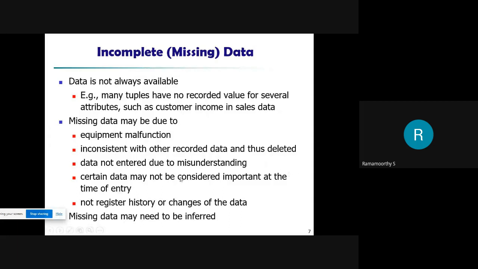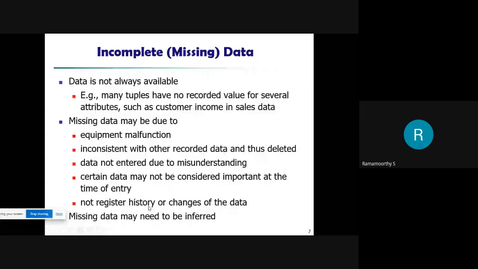So these are some of the possible cases for the missing data. Certain data may also not be considered important at the time of the entry. Later you feel like you need to have that data, but it was not actually collected.